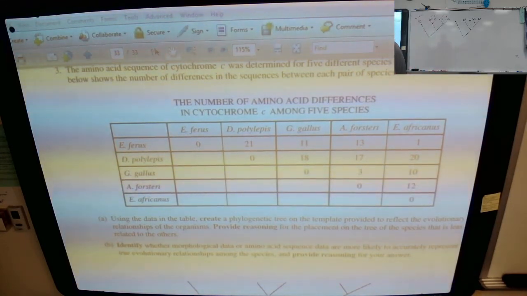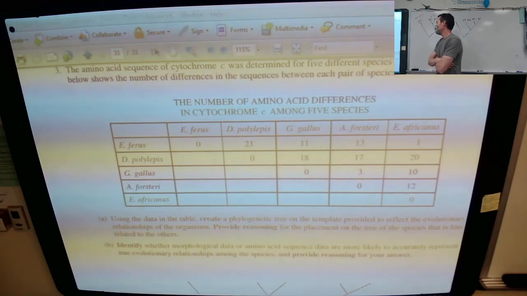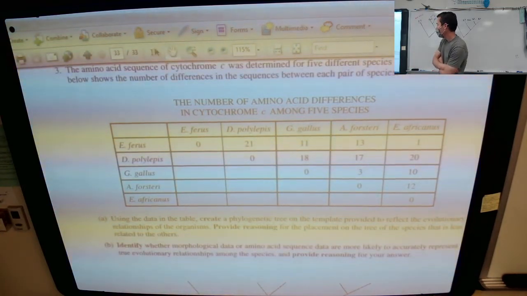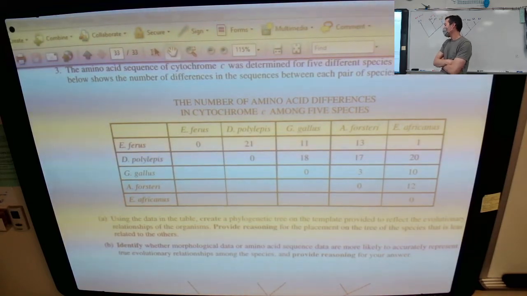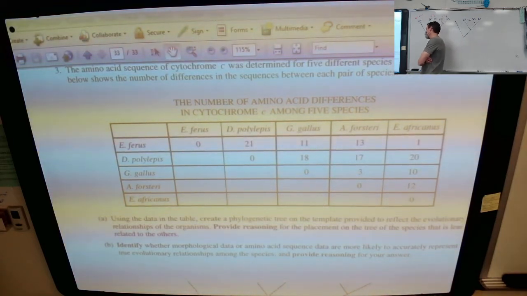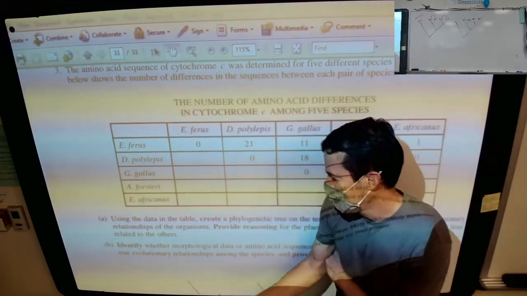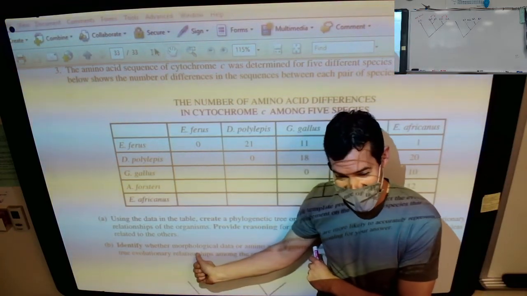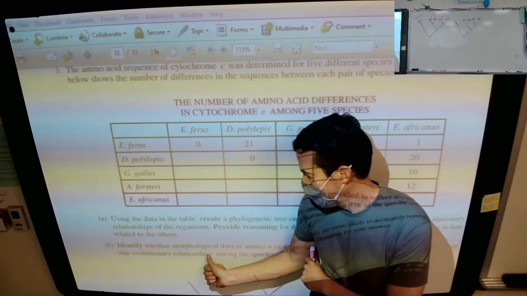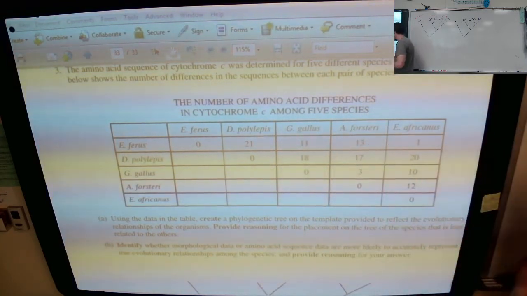Part B. Identify whether morphological data or amino acid sequence data are more likely to accurately represent a true evolutionary relationship among the species and provide reasoning. Morphological data or amino acid sequence data.